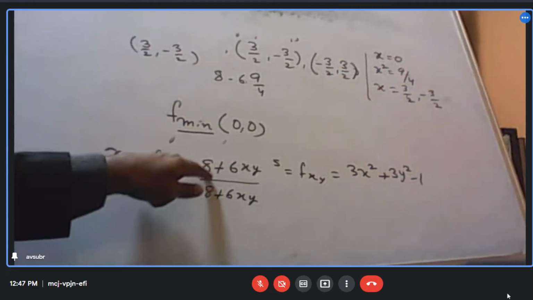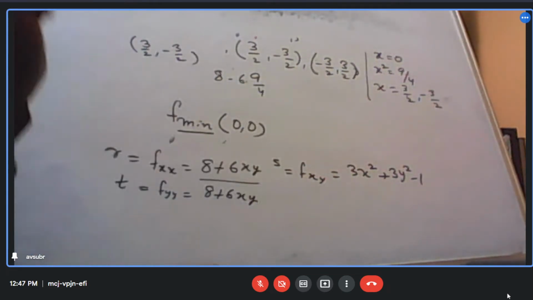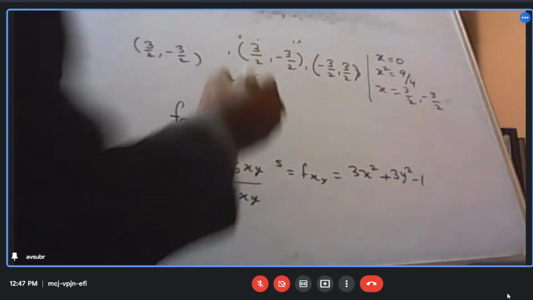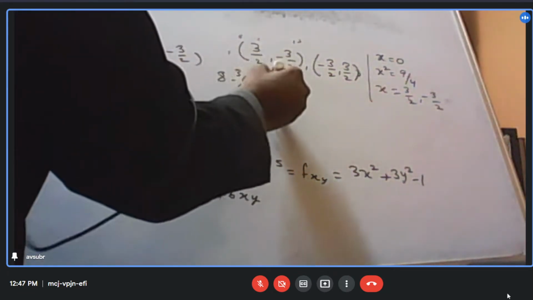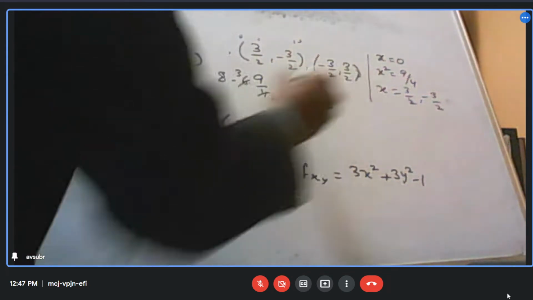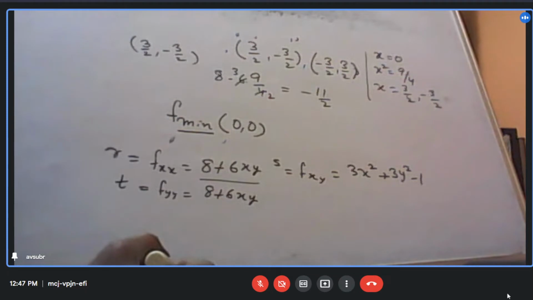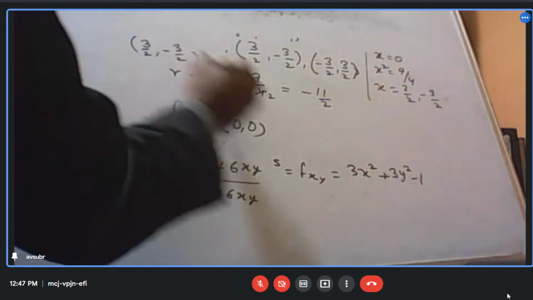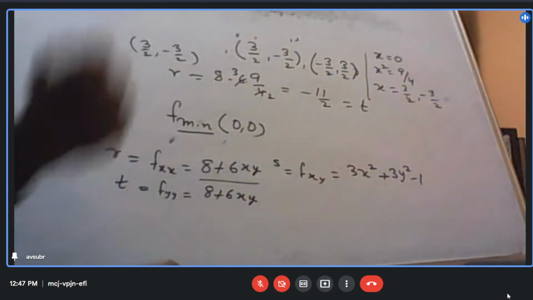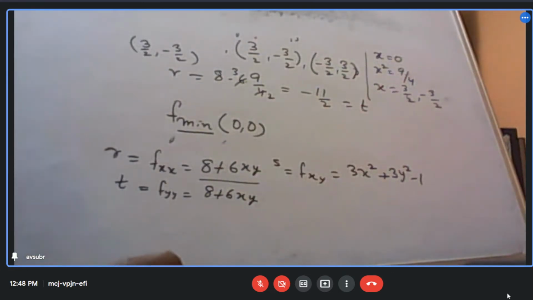Is it okay? 8 minus 6 into 9 by 4. 3 by 2 into minus 3 by 2, so minus 9 by 4. Okay, so this is 3, this is 2, so this will be minus 11 by 2. This will be your R. T is also equal to the same thing, so T is also minus 11 by 2.